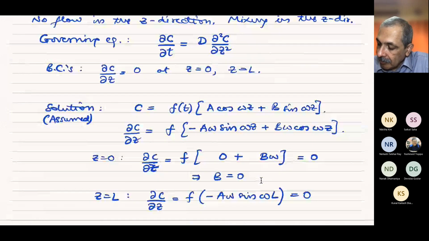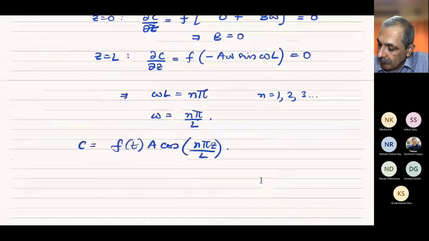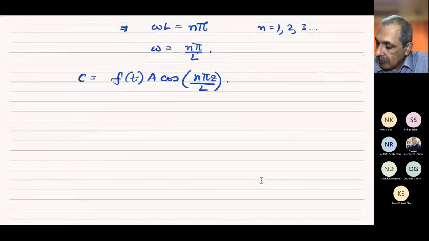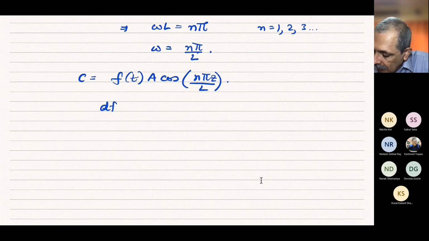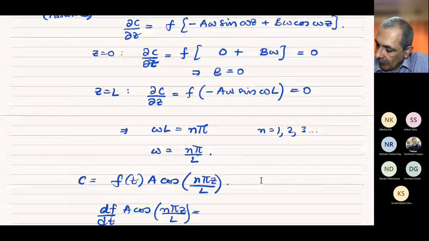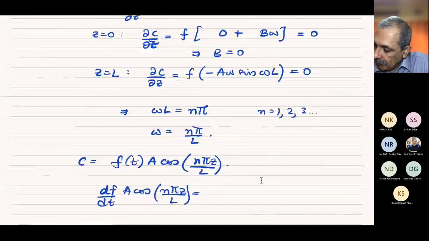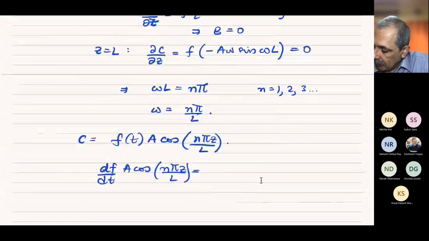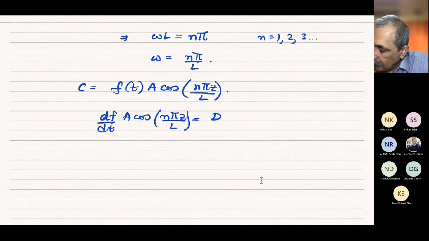So now we can substitute into the governing equation. Then we get dF by dt into A cos of n pi Z by L is equal to D.